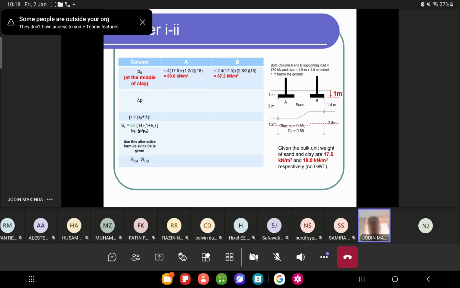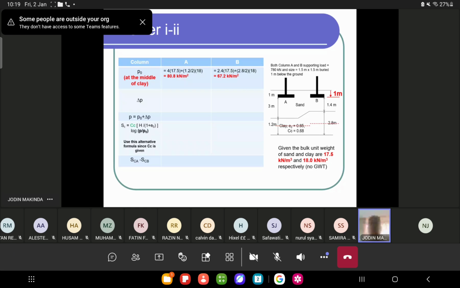For column B, the thickness of the sand is 2.4 meter. Therefore, the thickness of the clay at point A is 1.2 meter, because we want the effective overburden pressure at the middle of the clay, so 1.2 divided by 2.